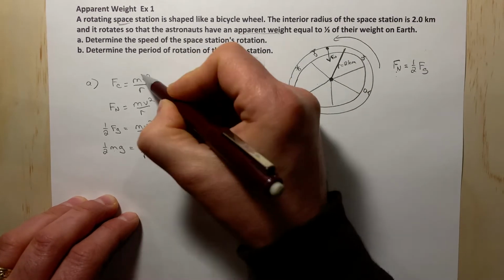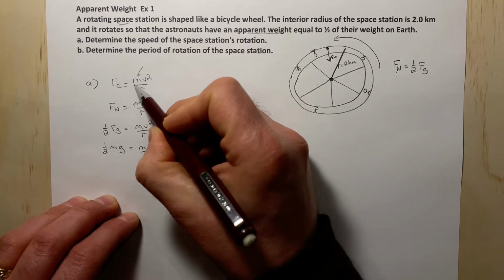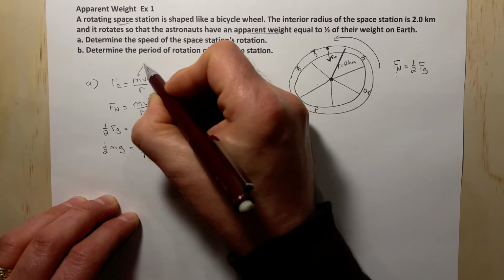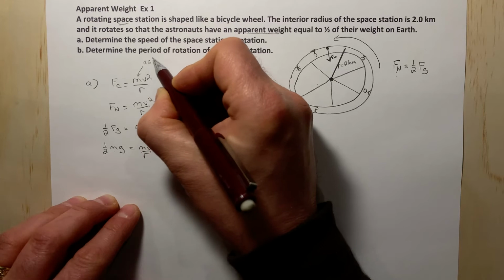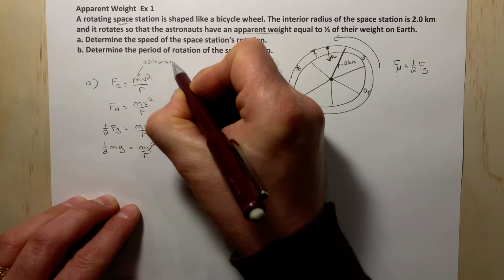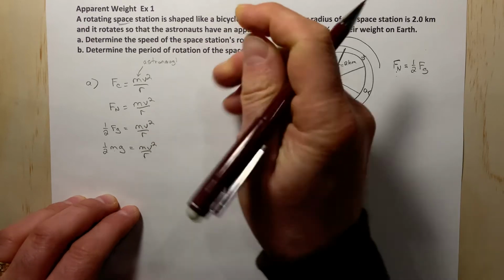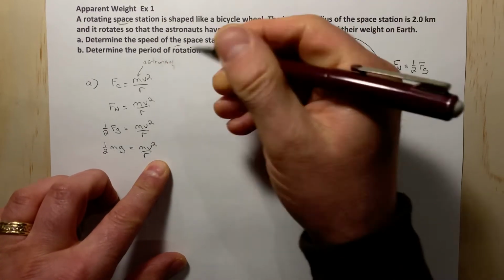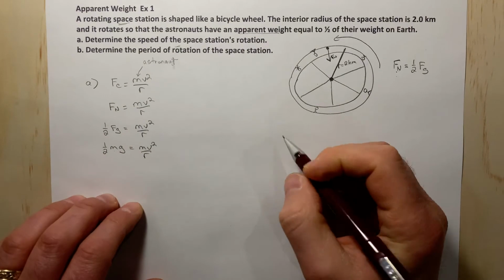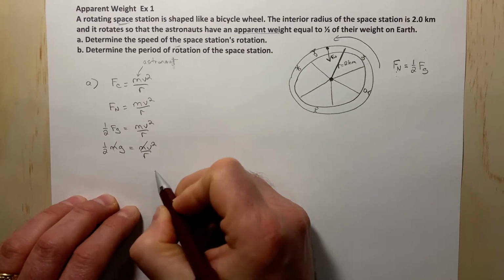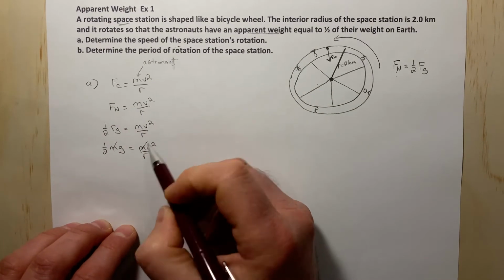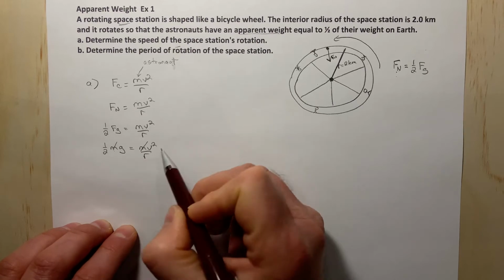So the mass that goes here in this circular motion is the mass of the astronaut, or whoever we're talking about that's going around in a circle. So this mass and this mass are actually the same mass. Okay, so the mass of the astronaut, they can cancel out.